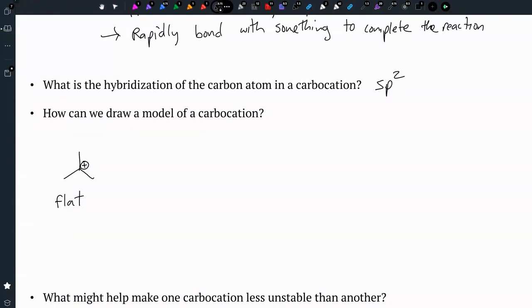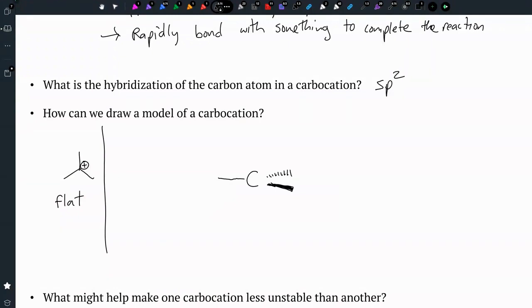When we want to think a little more deeply about its structure, then we would probably tilt our perspective. So instead of drawing the carbocation flat on the page, I might draw the carbon in the middle and have 1 bond in the plane of the page, and then have my 2 other bonds coming into and out of the page, so that my trigonal plane has now been tilted 90 degrees, so it's perpendicular to the plane of the page.